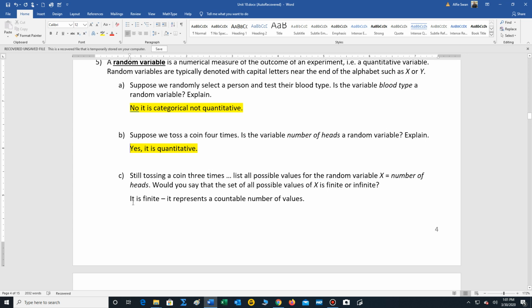Well, infinite means you just keep counting forever and ever. Finite is the opposite. You just count up to a certain number of values that we can count. It's typically a small set, so this has to be finite. So it is finite because we're tossing the coin 3 times. 3 would be a finite number.